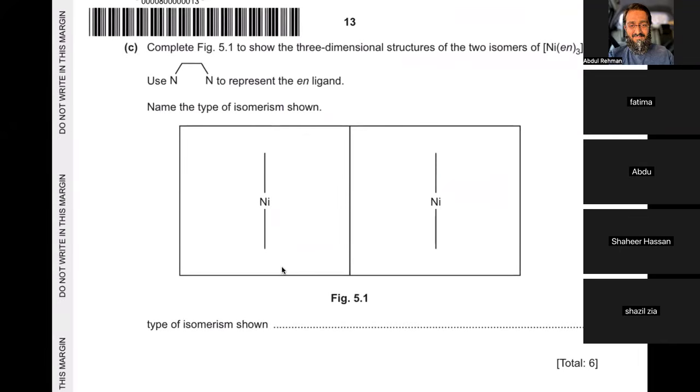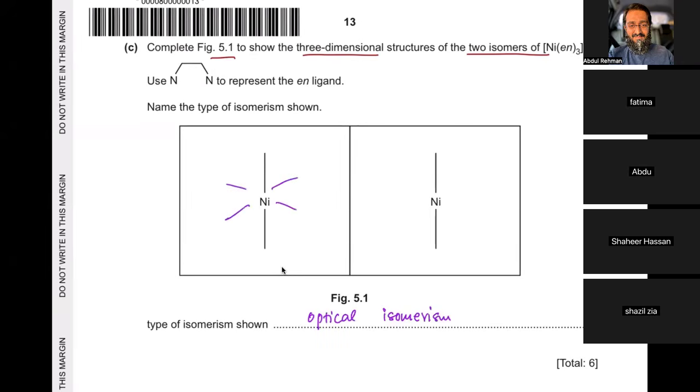Okay. Now, complete figure 5.1 to show the three-dimensional structure of the two stereoisomers. So these are, if you recall, optical isomerism, right? The type of isomerism is optical isomerism.